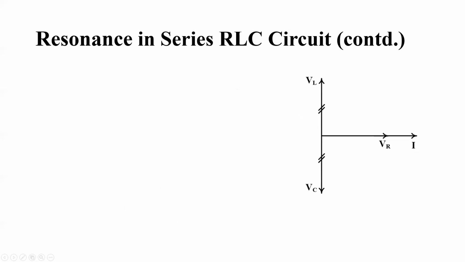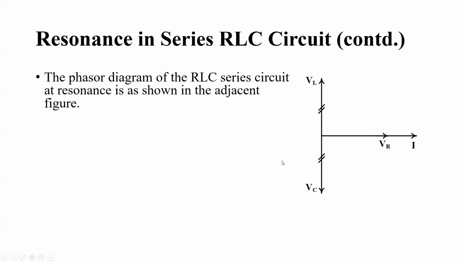This figure shows the phasor diagram of the RLC series circuit at resonance. Here, we can see that the magnitude of VL is equal to the magnitude of VC, but they are out of phase, so they cancel out each other.